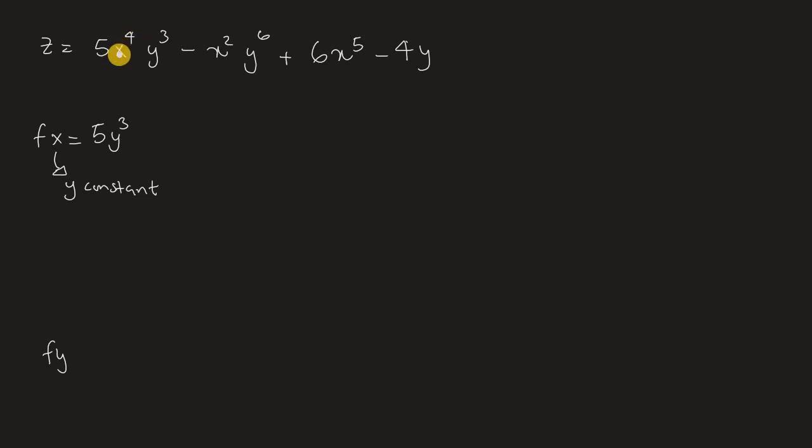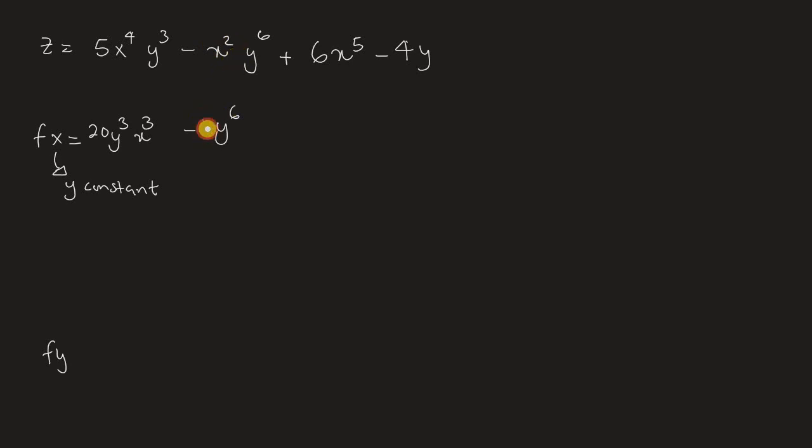Now you can differentiate this x to the power of 4, so the 4 brings down, so it becomes 20, so you need to put a 20 here. Okay, so then 20 x to the power of 3. And now y is a constant, it stays there.